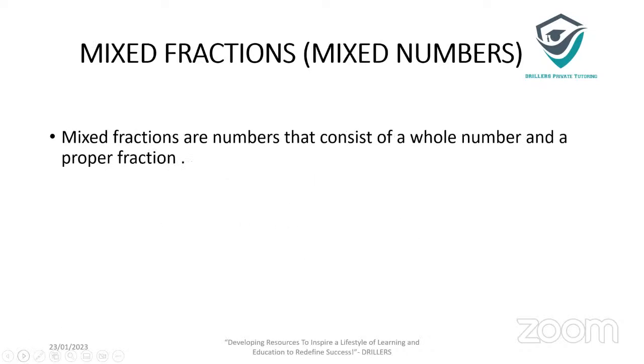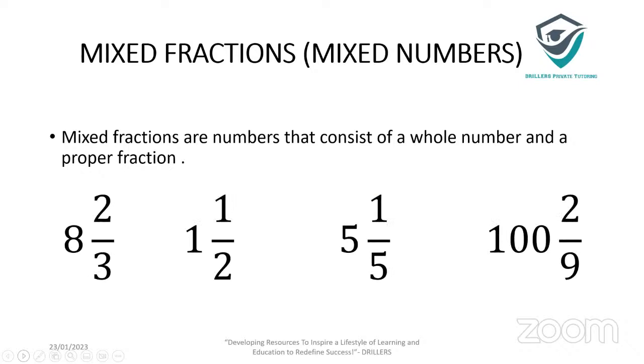Now we talk about mixed fractions, which are also called mixed numbers. These are numbers that consist of a whole number and a proper fraction. All of these are examples of mixed fractions: 8 and 2/3, 1 and 1/5, 5 and 1/5, and 100 and 2/9.